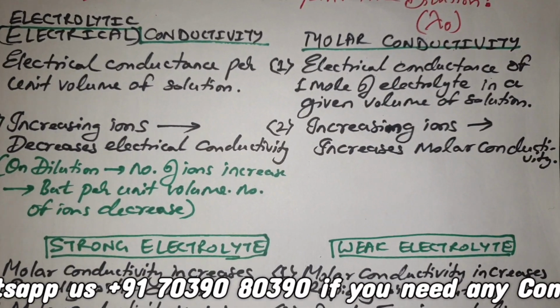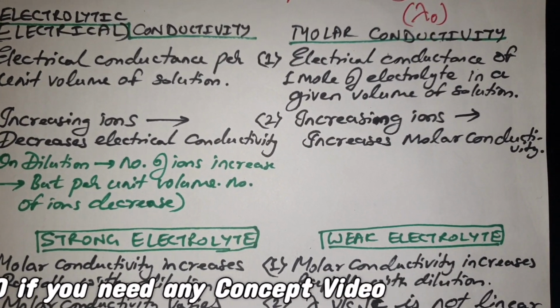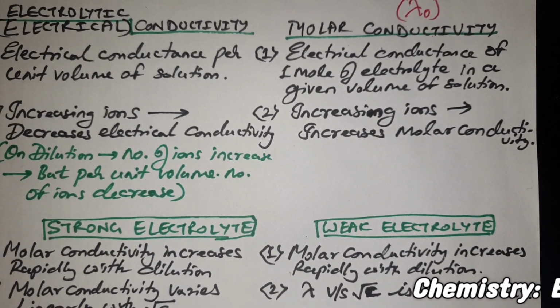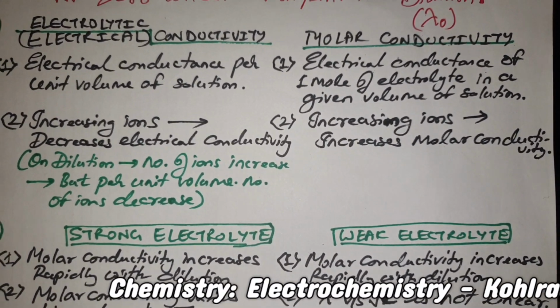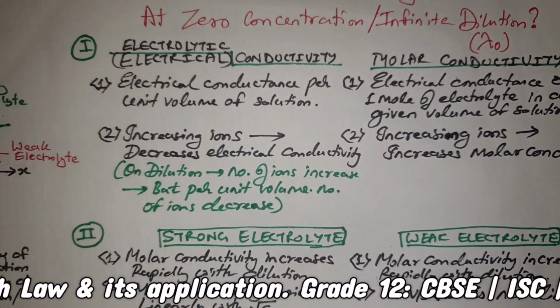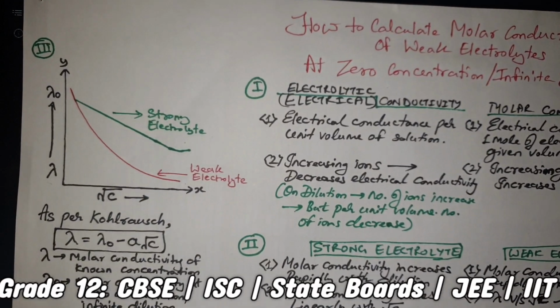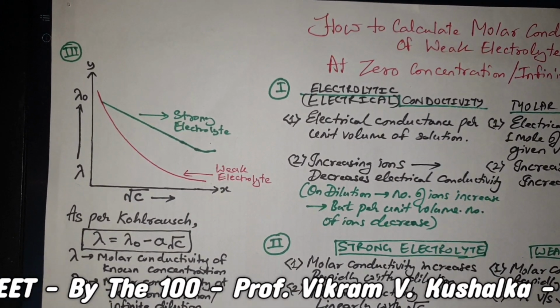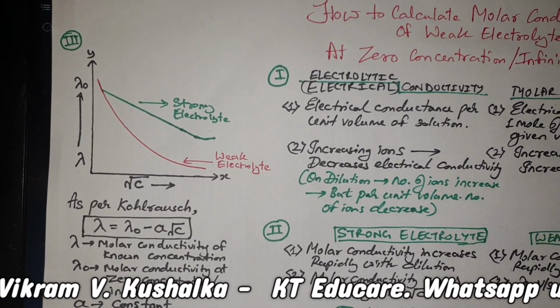Whereas in molar conductivity, the concept is completely different, because here if the number of ions are increasing, it will increase the molar conductivity. Molar conductivity is denoted by lambda, and lambda naught at infinite dilution. We know that very well. Now what happens when I plot the graph of molar conductivity versus square root of concentration, as per Kohlrausch?